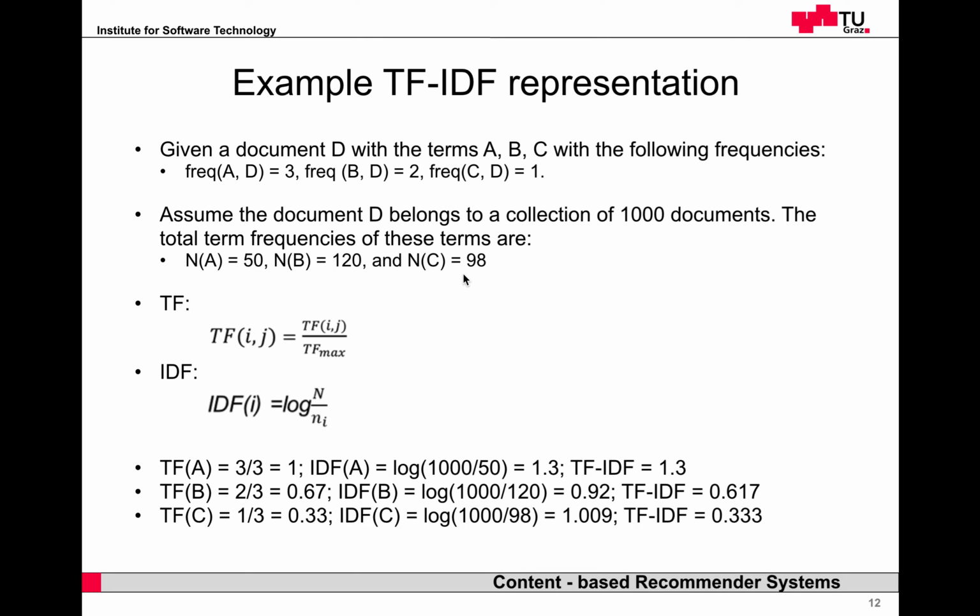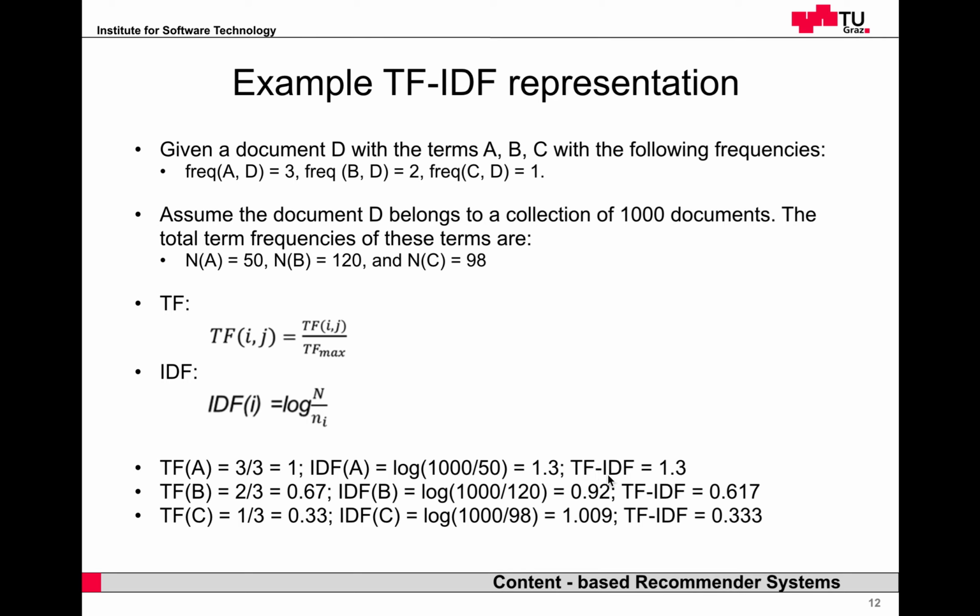So the TF of term A is the frequency of term A divided by the maximum frequency. That means 3 divided by 3. So the TF of term A is 1. And the IDF of term A is the logarithm of 1000 divided by 50, then we got 1.3.